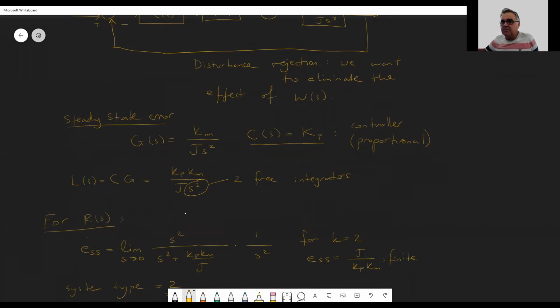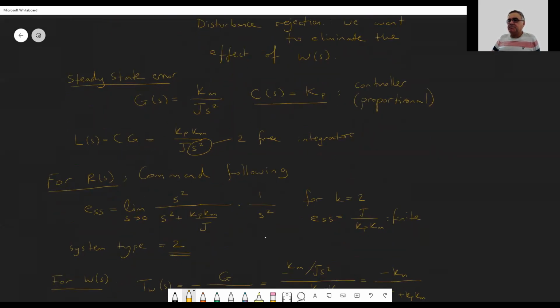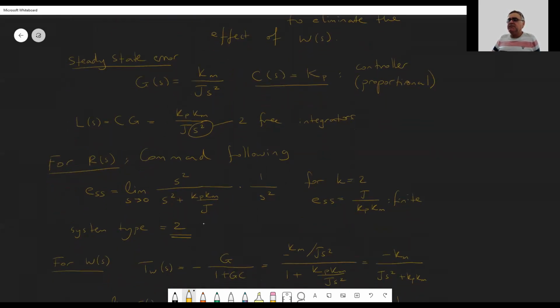Okay, now for the steady state error, as you remember from last time, we look at command following. And as you might remember, we found that the system type is 2. So for command following, the system gives steady state error for parabolic inputs.